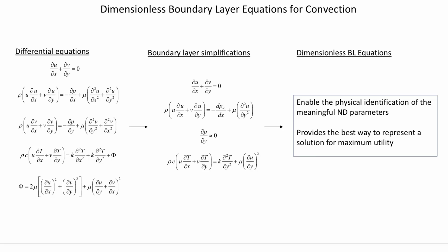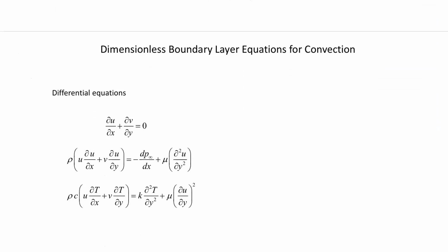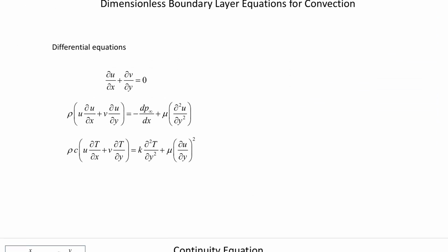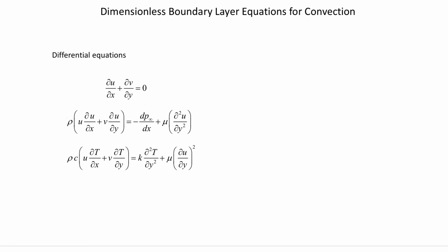Again, there's nothing especially difficult about this, but it's worth seeing how it's done because it leads to a lot more stuff. So, okay, here's our differential equations. Let's go through and decide what variables we want to normalize. So first, what are the variables that are appearing here?